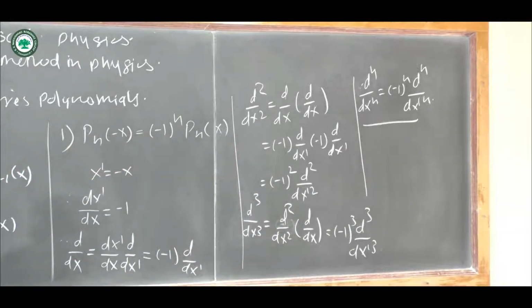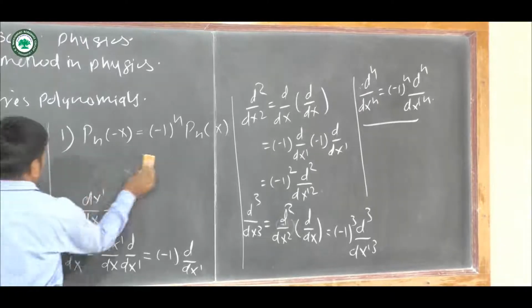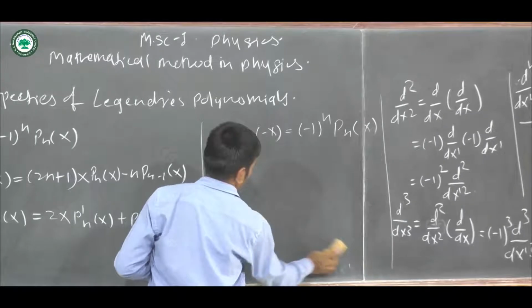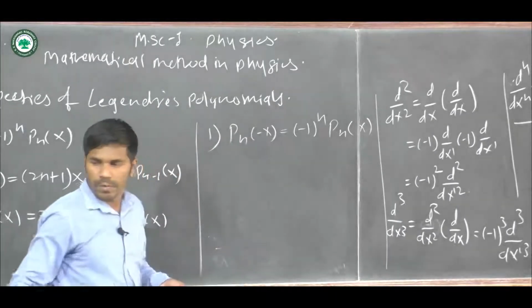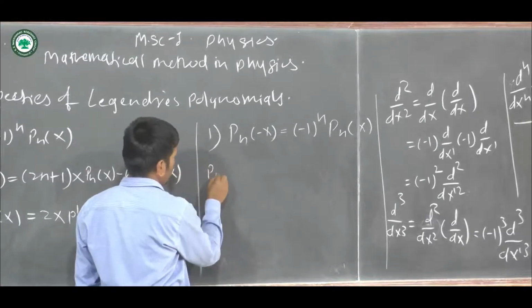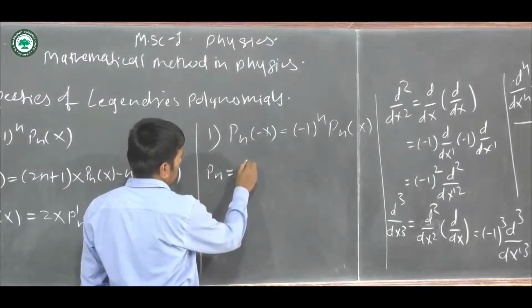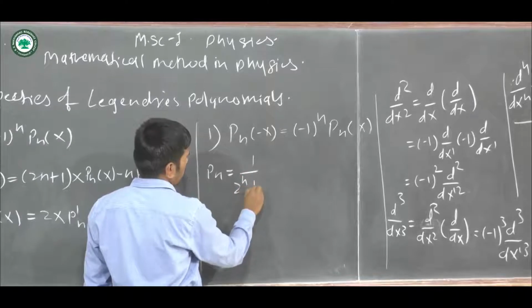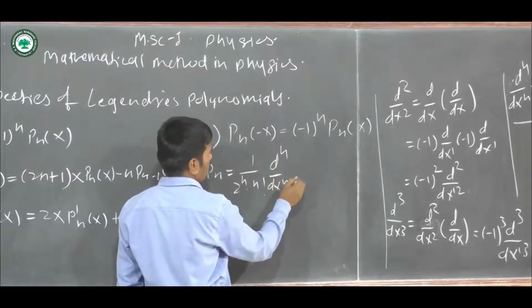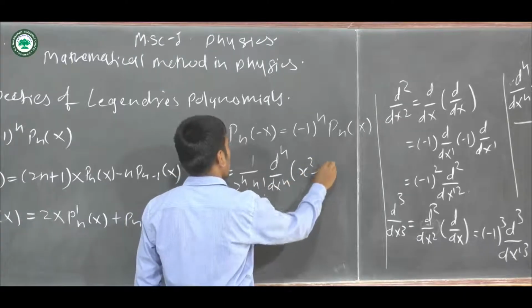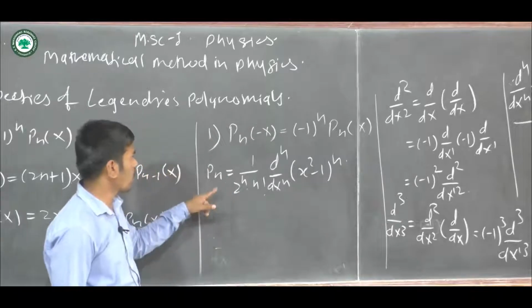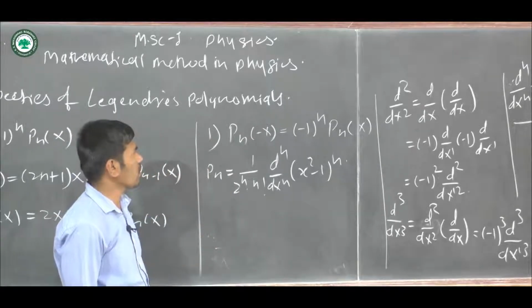Now we know the Rodrigues formula, that is Pn is equal to 1 by 2 power n into n factorial into d power n by dx power n of (x square minus 1) bracket power n. So this is the Rodrigues formula we define for Pn, which is a function of x.